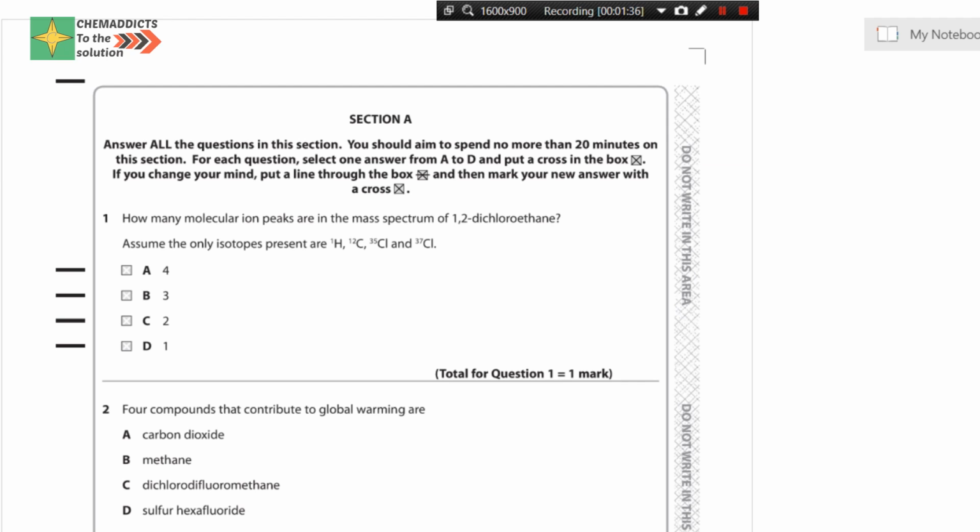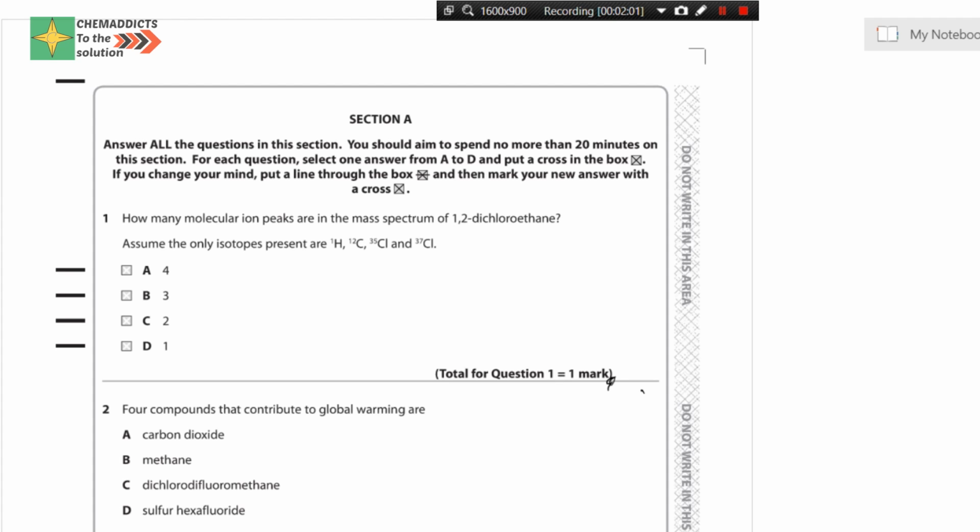So here let us read question number 1. It says, how many molecular ion peaks are in the mass spectrum of 1,2-dichloroethane.